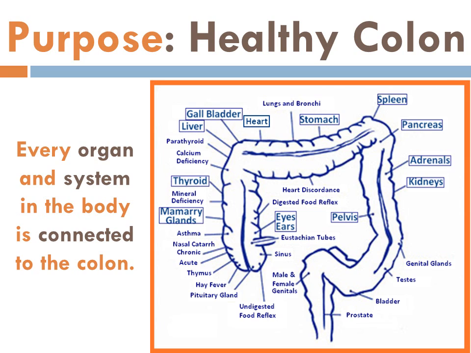Then the colon meekly spoke up. "I am the important one. You need me to eliminate all the garbage from your systems." Everybody laughed and made fun of him. "How can you be as important as we are? You're just a smelly old dump." The poor colon, his feelings were hurt. He turned away and thought, "I'll show them." He shut down, sat back, and watched what happened.